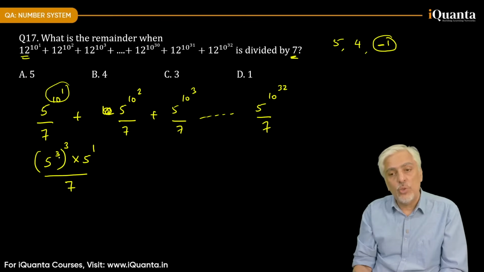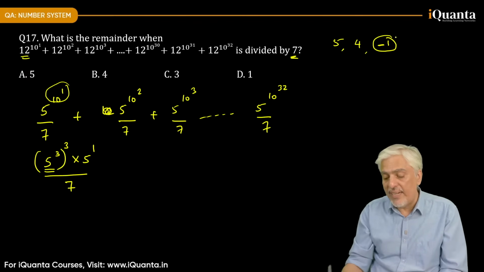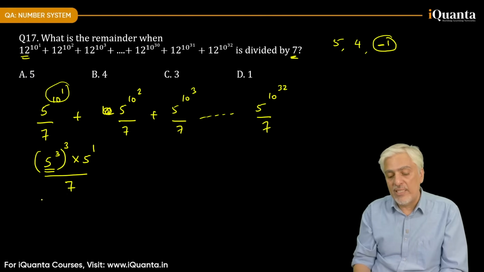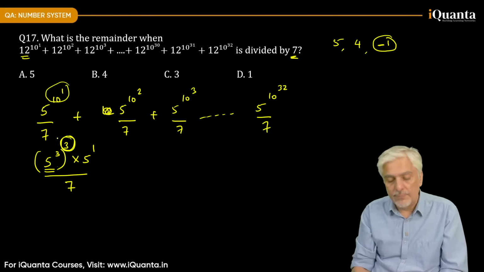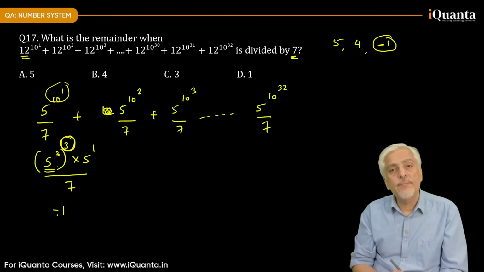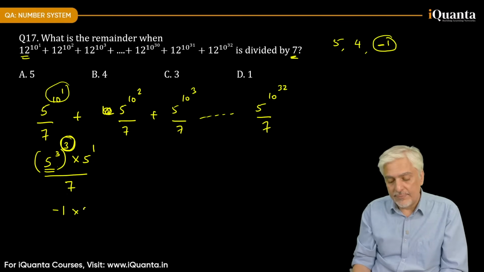So 5 raised to 3 raised to 3 into 5 raised to 1. 5 raised to 3 divided by 7, remainder is minus 1. Minus 1 raised to an odd number is minus 1, into 5.